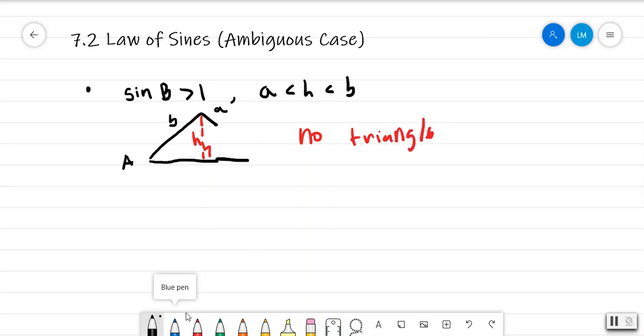Okay, another case is more or less the regular law of sines, where you're dealing with a right triangle.